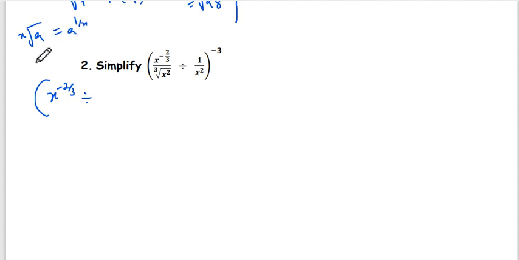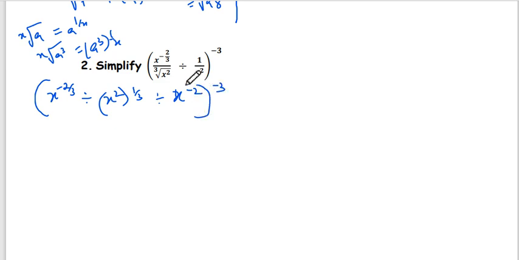If it's the x-th root of a raised to the power 3, it becomes a raised to the power 3, raised to the power of 1 over x. So applying the same law, we have x squared raised to the power of 1/3, then this divided by 1 over x squared, or we can change this to x raised to the power of -2, all raised to the power of -3.